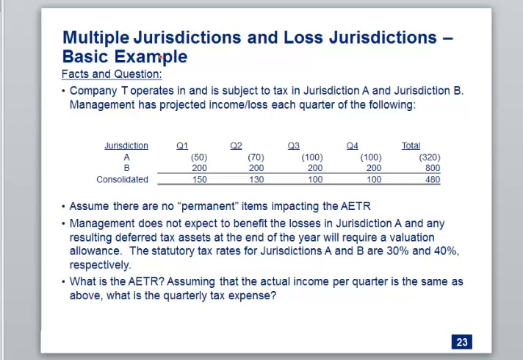So if I look at Q1 and ask what my annual effective tax rate is going to be, if I exclude jurisdiction A, my effective tax rate is going to be pretty easy because it's only jurisdiction B, and jurisdiction B's tax rate is 40%.